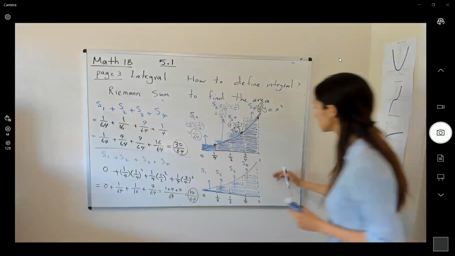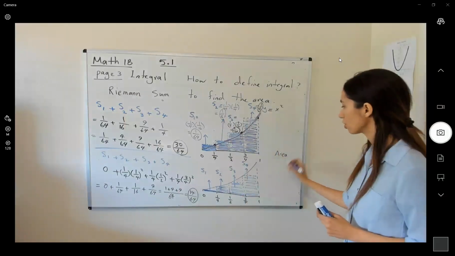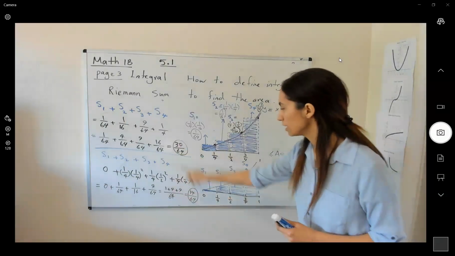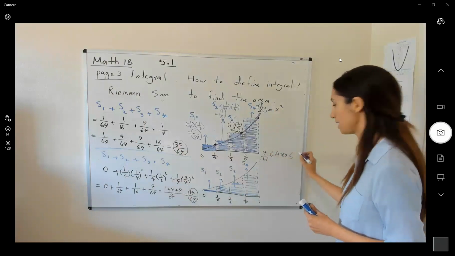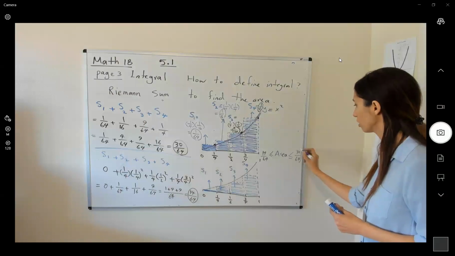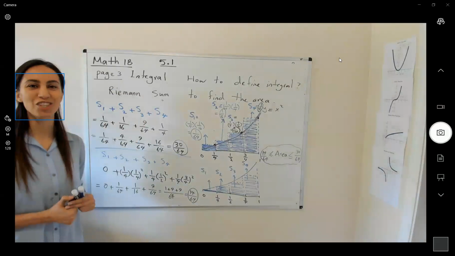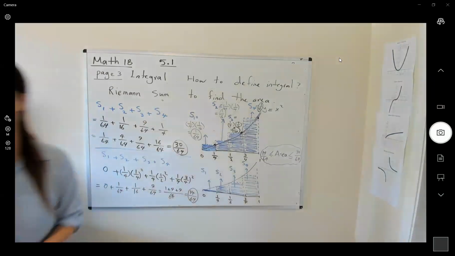Our conclusion is that the area of our object, the actual area, is a number between these two, 14 over 64 and 30 over 64. We're sure about this, but our question is, what is the actual area?